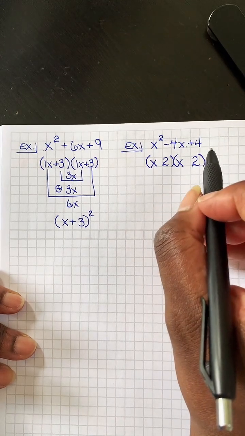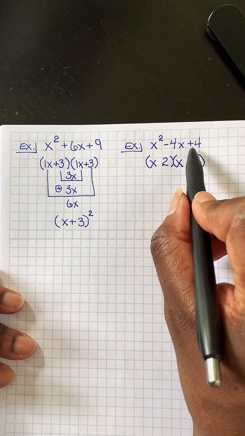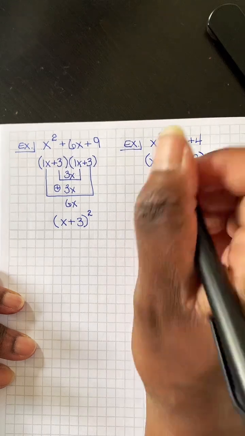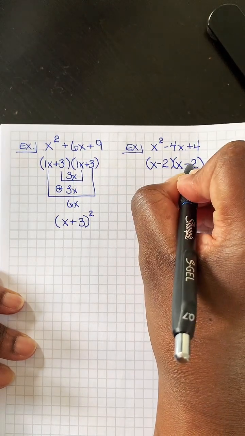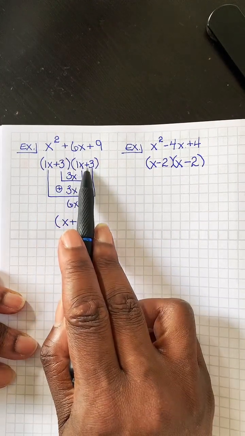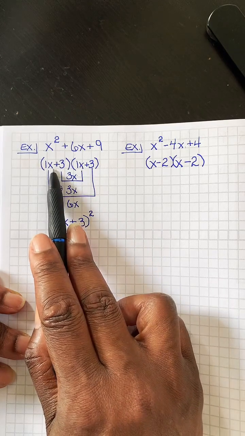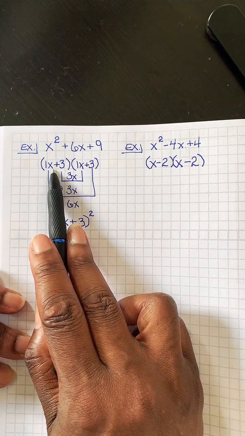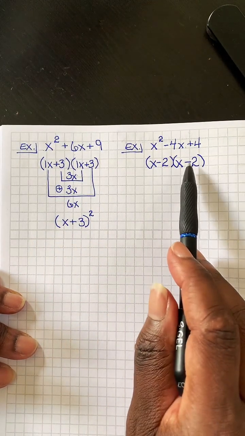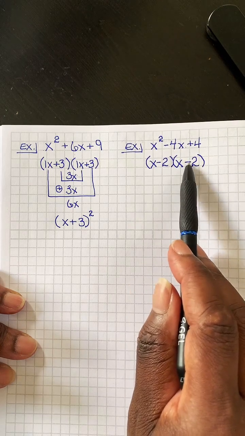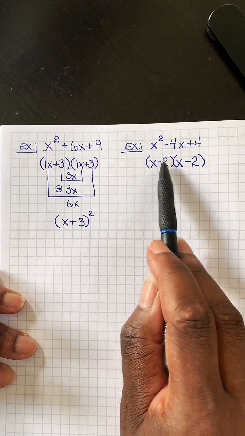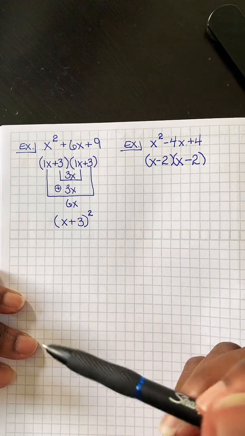If you haven't noticed, especially from the last ones, when the end term was positive and the middle term was negative, we always have negatives. But when they're both positive, both of them are going to be positive. Have you guys noticed that? It's not going to be positive, negative. Both of them are going to be negative, because a negative times a negative gives me this positive, and a negative plus a negative stays negative.